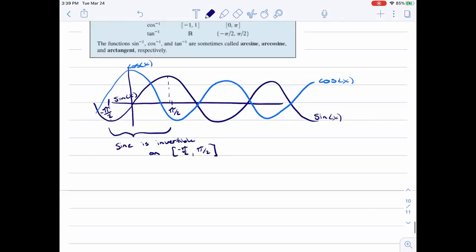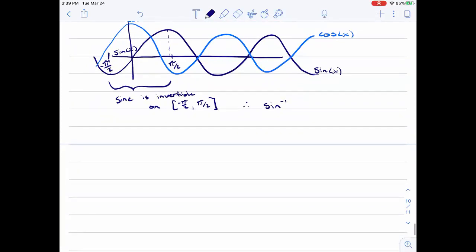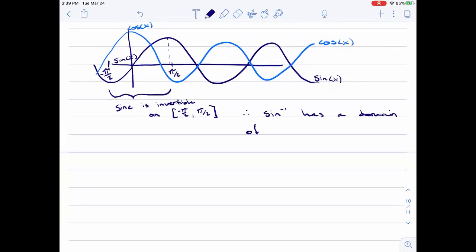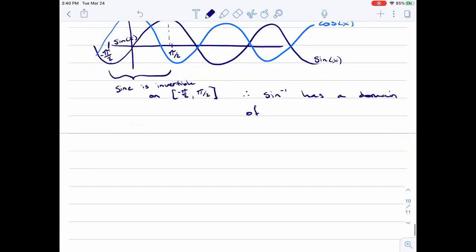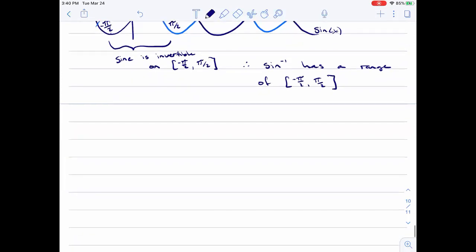And so we limit the domain, and so therefore the inverse of sine has a range of negative pi over 2 to pi over 2.